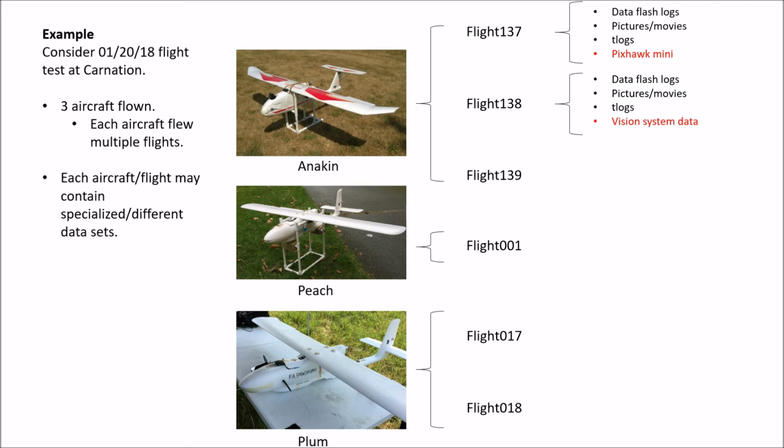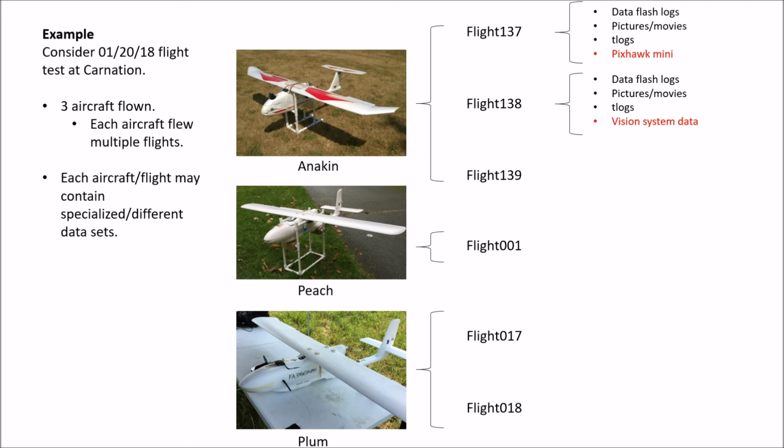During the very next flight, we might actually swap out that sensor and put on a different system. So on flight 138, in addition to the normal or the black data, we switched and created a vision system that is now flying on board the aircraft, and we're collecting data for that specialized system during this flight as well.